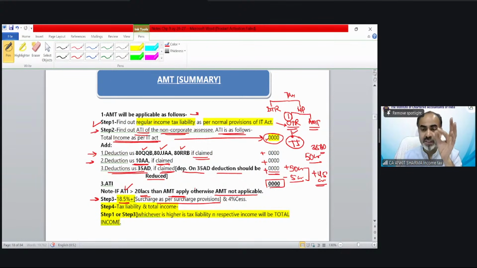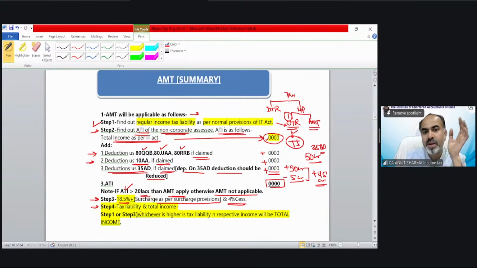If ATI is 40 lakh, no surcharge. Treat this ATI as TI and apply the surcharge concept. If ATI exceeds 1 crore, then the surcharge would be higher, 15%. Okay. So consider this ATI as your TI and apply the surcharge concept. 4% cess you need to apply.